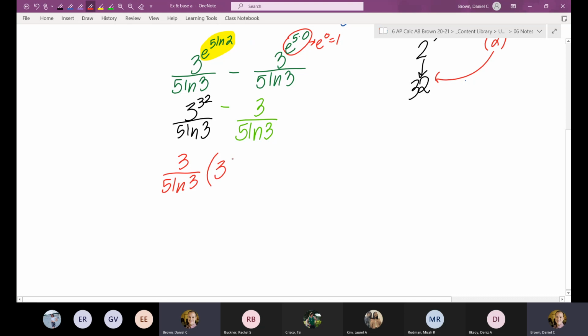What's left over? 3 to the 31st minus 1. That's probably how they would write it on the AP exam. That's not the only way to write it, but I would at least hope you can get down to getting rid of the extra e's and natural logs.